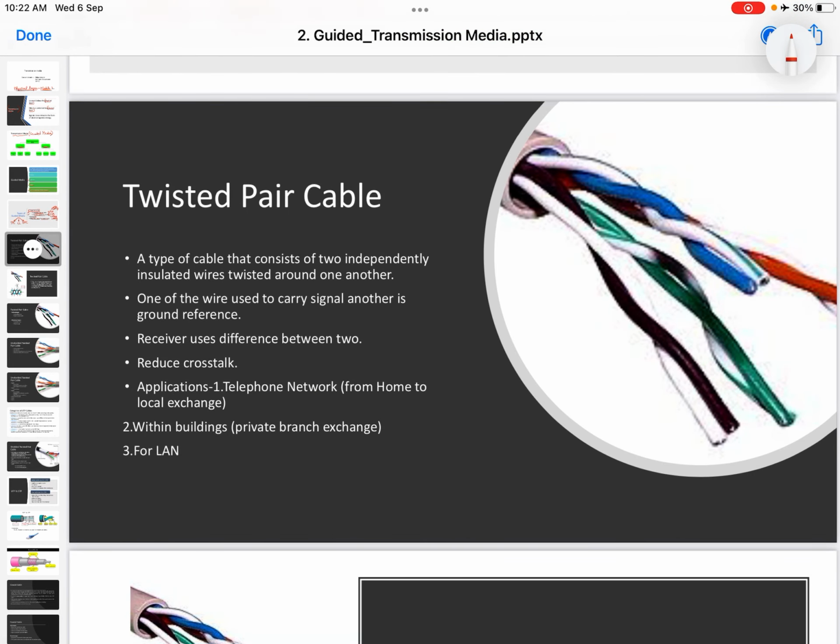A twisted pair is a type of cable that consists of two independently insulated wires twisted around one another. If you see this figure, this is one wire, this is the second wire, and the two independent wires are twisted around each other. One wire is used to carry the signal, and the other is a ground reference.